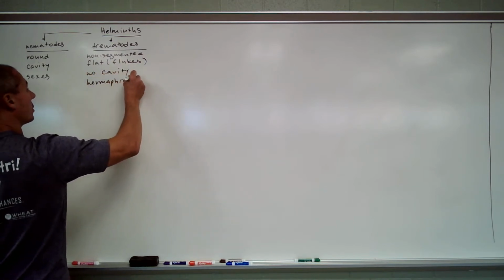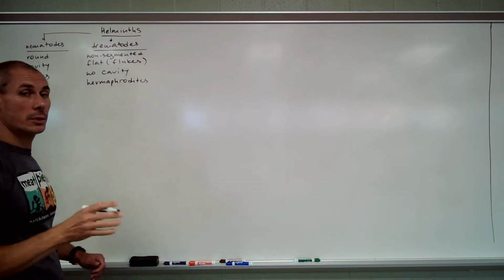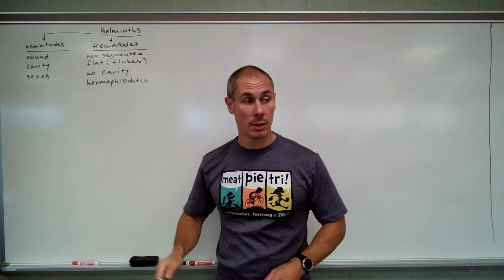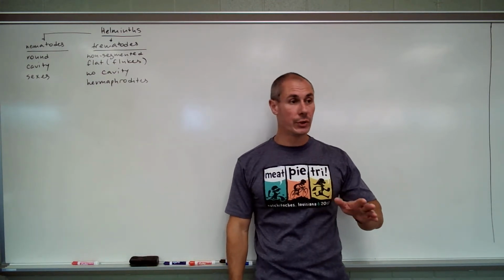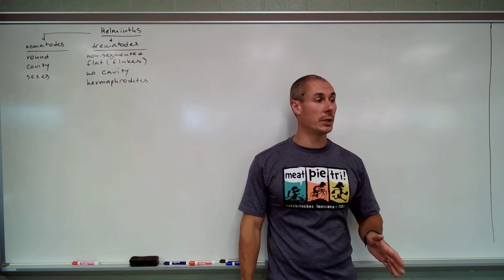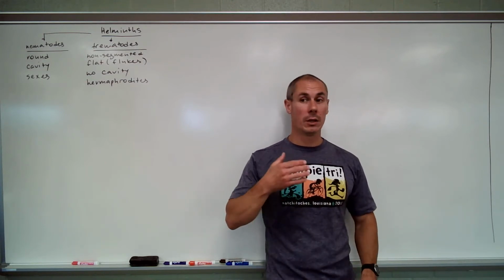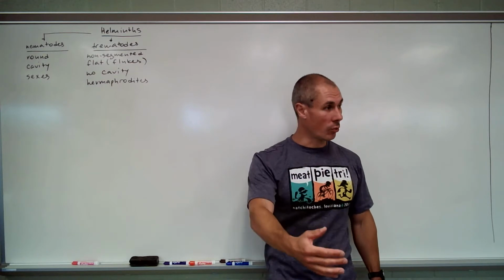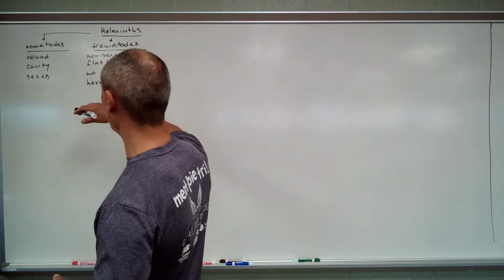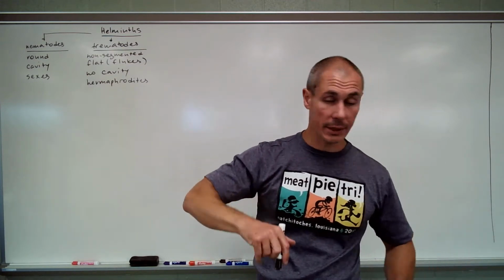Now, again, to clear my conscience, there's an exception among flukes. There's one fluke that does have sexes, but remember what I told you in the very beginning of the class. We are focusing on the general rules, not on the exceptions. So for our intents and purposes, they're hermaphrodites.